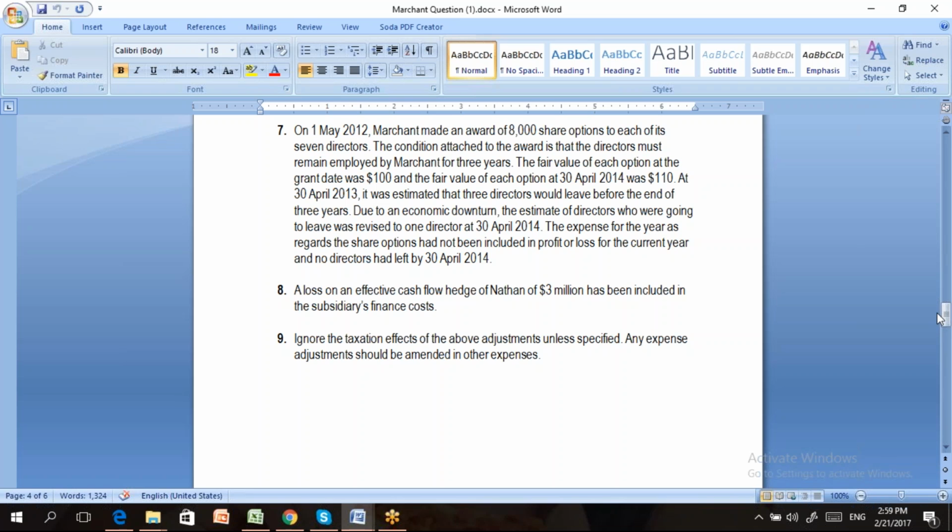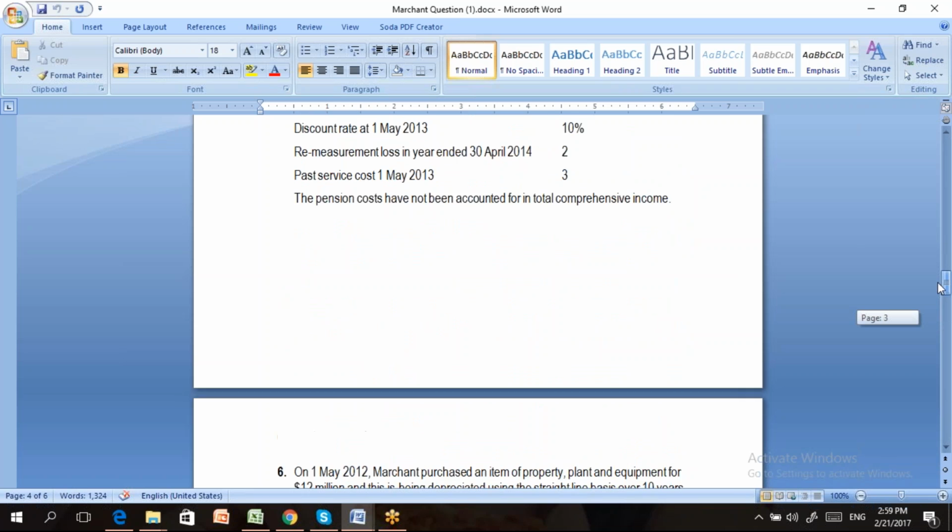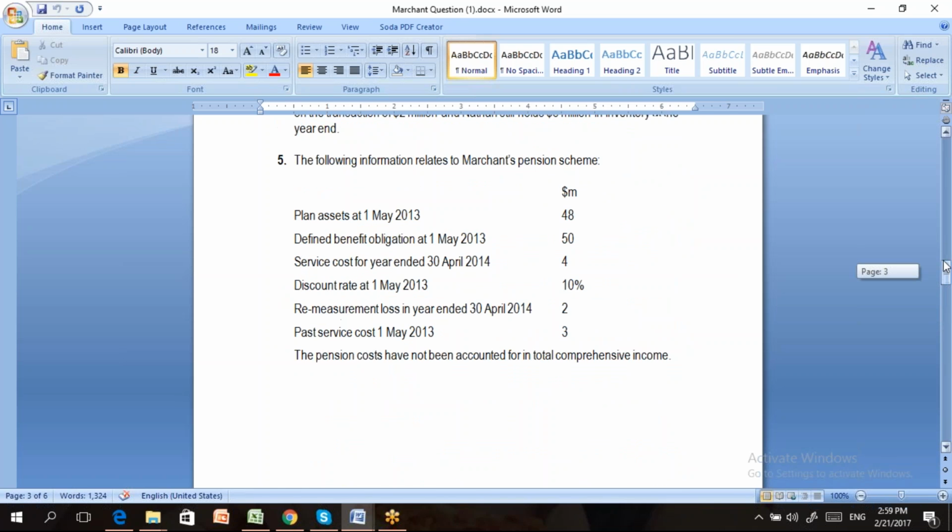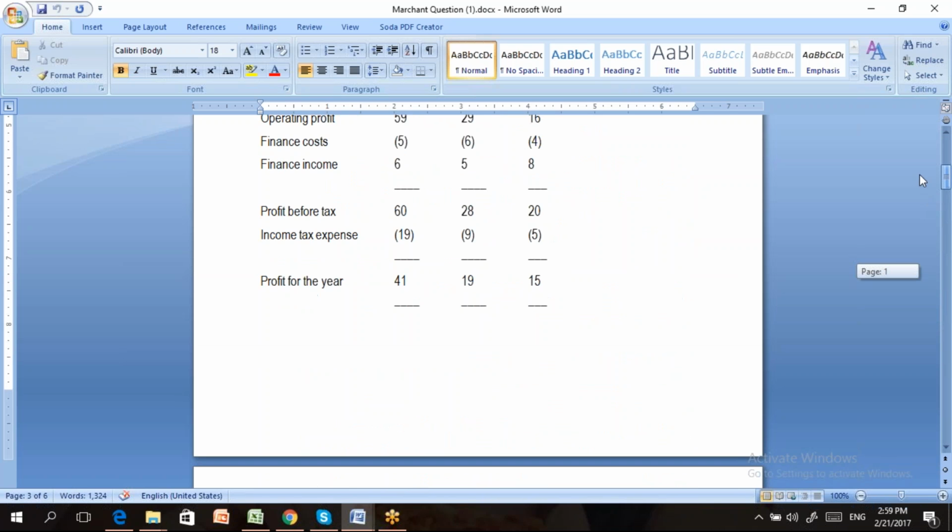So what is your total profit before tax? 102.5. Now the next one is a very simple one, income tax. There are no adjustments for income tax. Income tax will be 19 plus 9 plus 2.5.